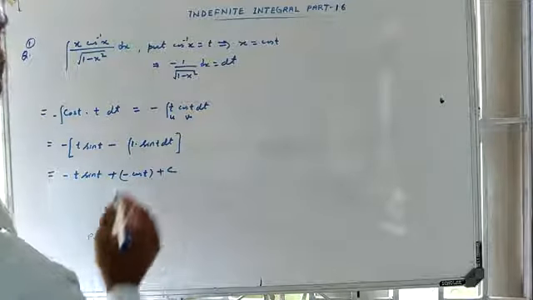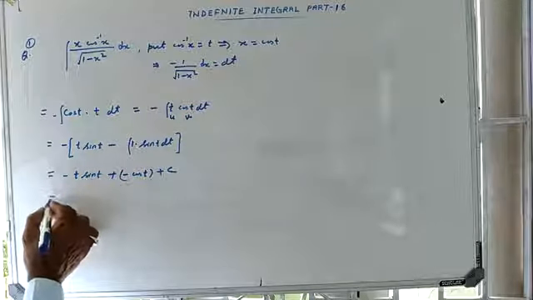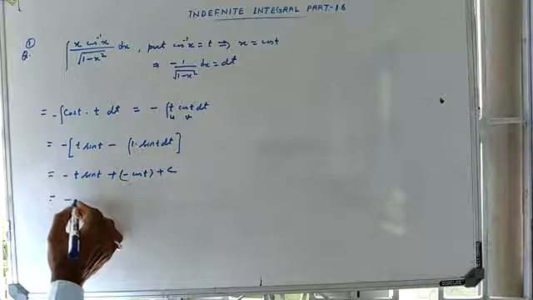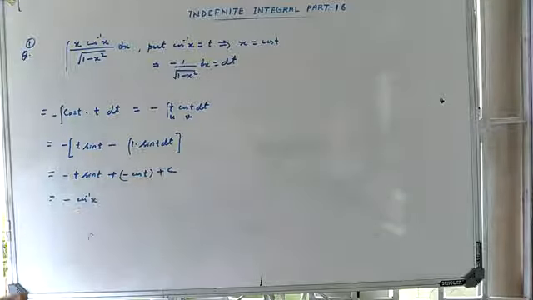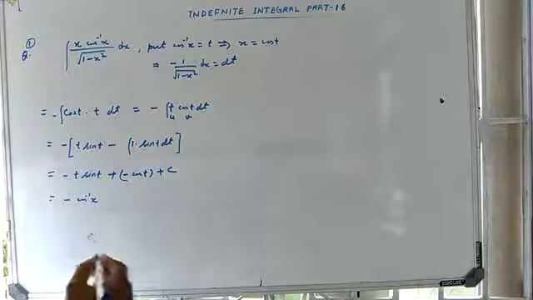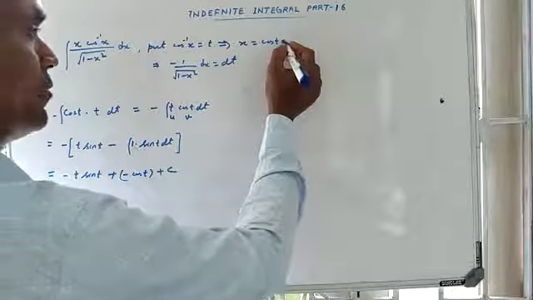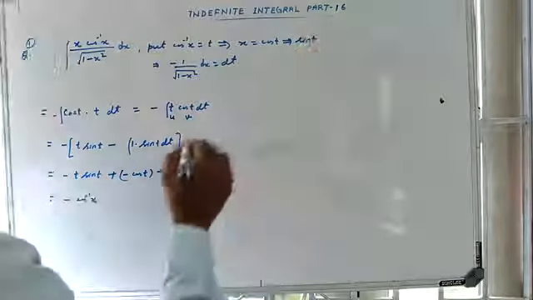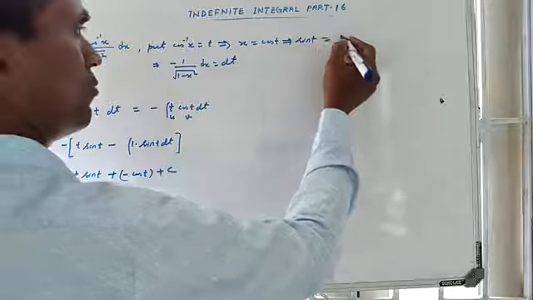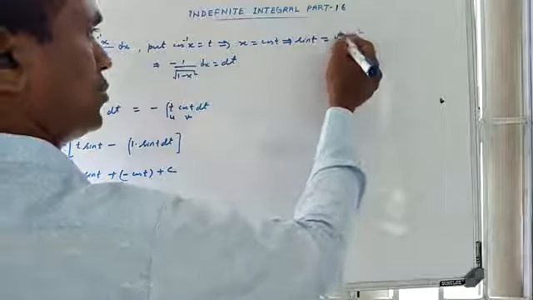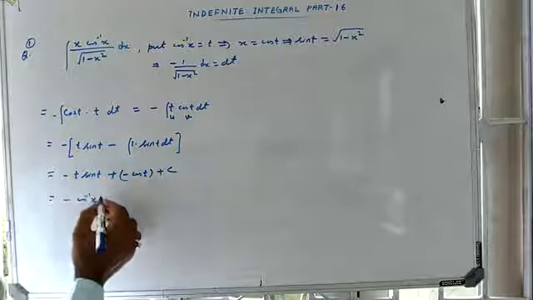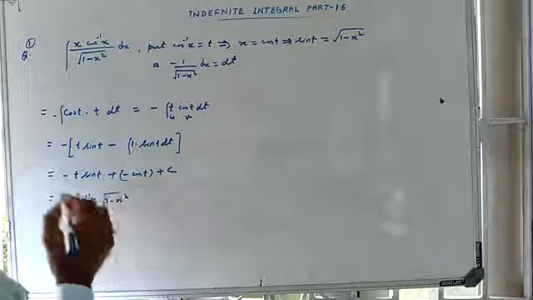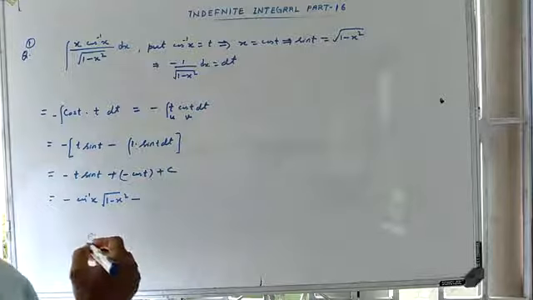Now we substitute the value of t here. t is cos inverse x. So we get cos inverse x, and the value of sine t, from here, sine t is equal to under root of 1 minus x square, and minus cos t.